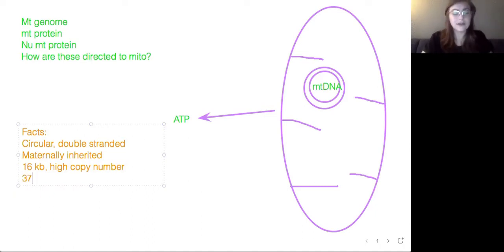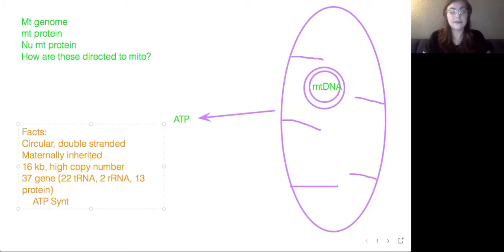And then the genome only has 37 genes, 22 of which code for transfer RNA, 2 are for ribosomal RNA, and then the remaining 13 genes are for proteins. So these proteins that it encodes for actually only form 4 major complexes.